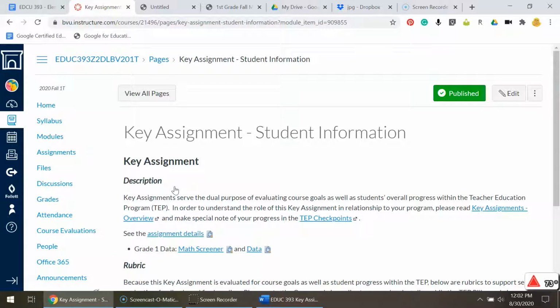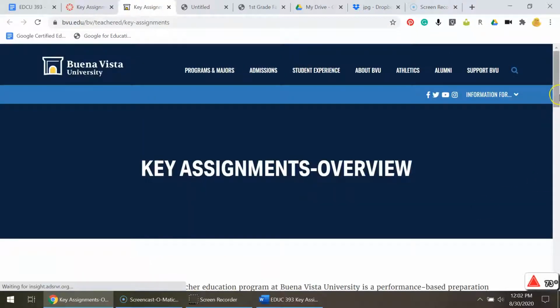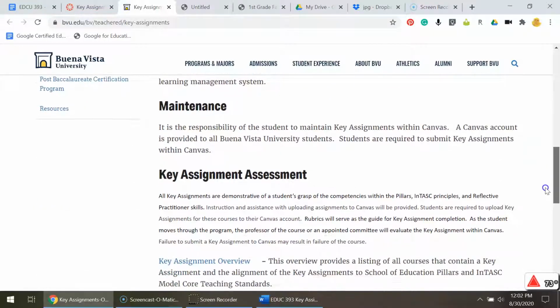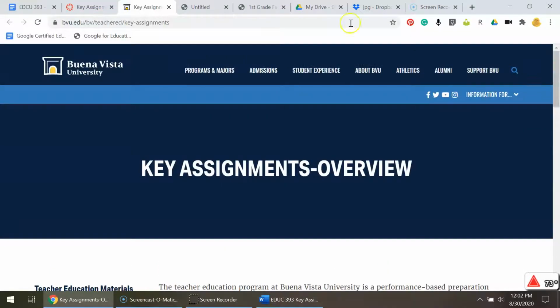And this is your student information for this. So the purpose of the key assignments in courses is to measure your overall progress within the teacher education program. And just to look at that, if you want to click on this link here, that goes through and gives you an overview for what you need to do for the key assignment assessment.